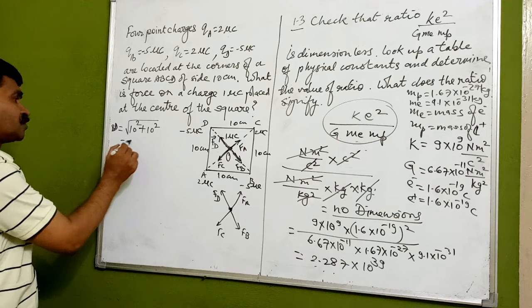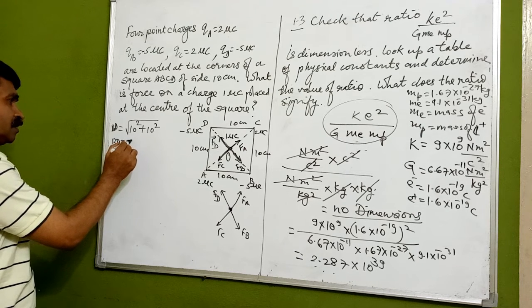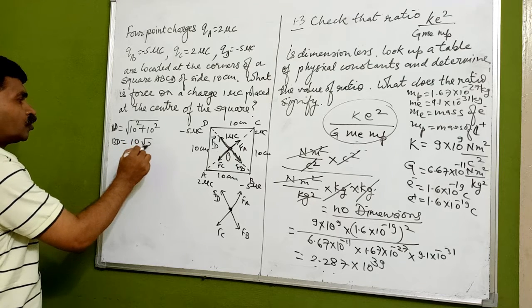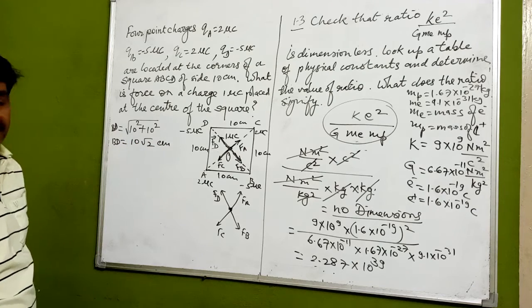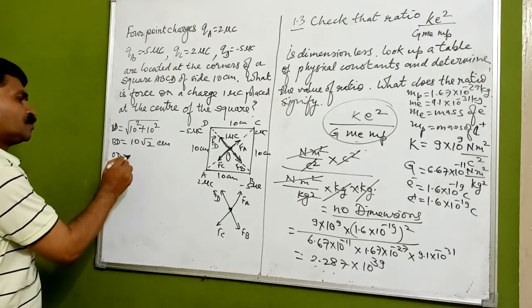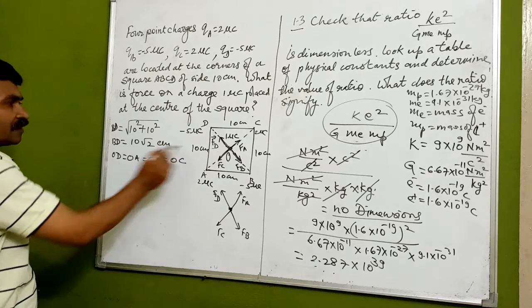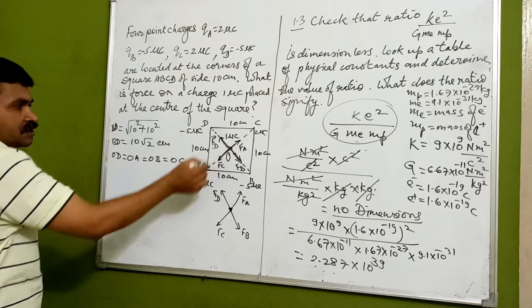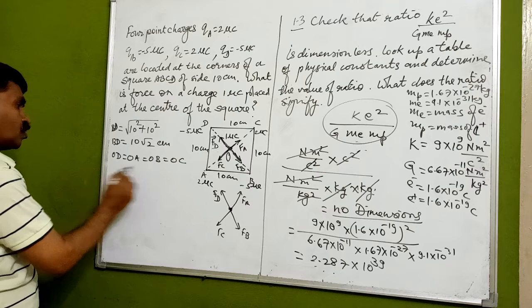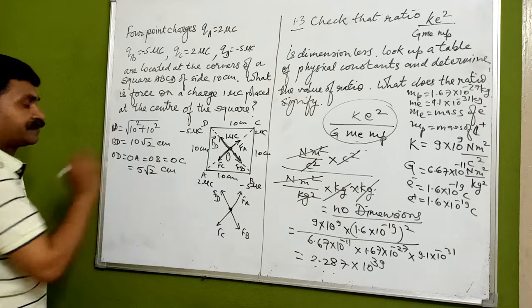So BD is equal to 10 root 2 centimeter. Now we have to determine OD, which is equal to OA, which is equal to OB, which is equal to OC. That will be half, because it is at the center. So all the values are going to be 5 root 2 centimeter.